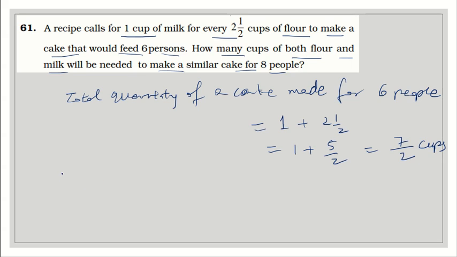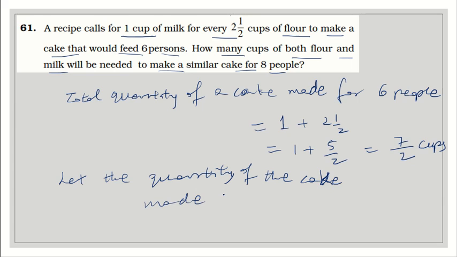Now let the quantity of the cake made for 8 people is x cups.